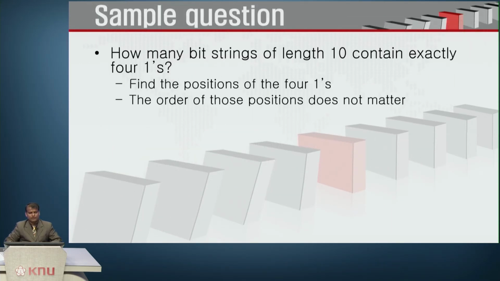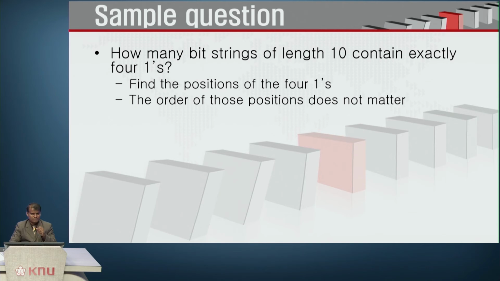Again, we can consider the question of bit strings. How many bit strings of length 10 contain exactly 4 ones? Does it sound like the one we have seen earlier? Yes, we saw a similar problem in one of our previous lectures. So find the positions of the 4 ones. The order of these positions does not matter when we talk about combinations.